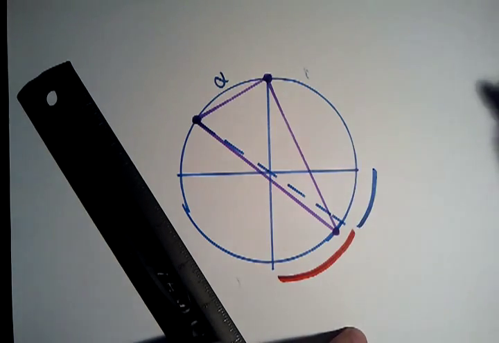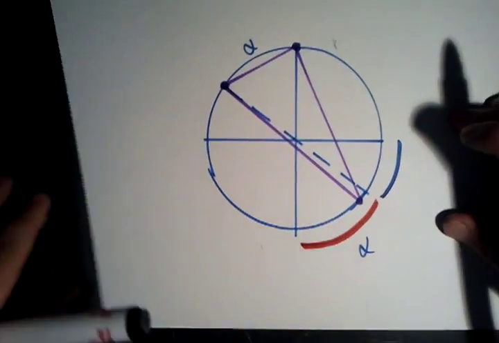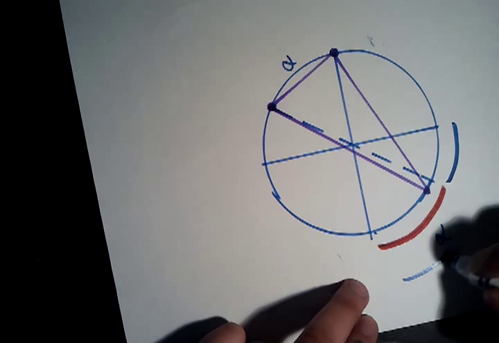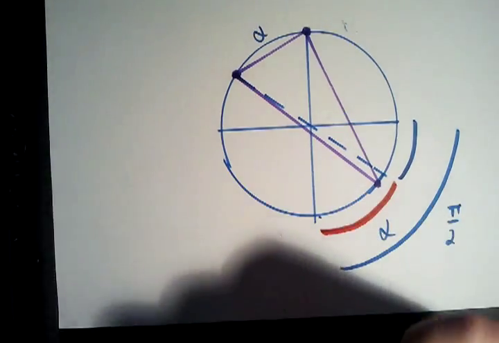But if it's outside that range, it won't. So this is also alpha, just by geometry. So that means, and the whole segment is pi over 2 radians, right? Because it's a quarter of a circle.